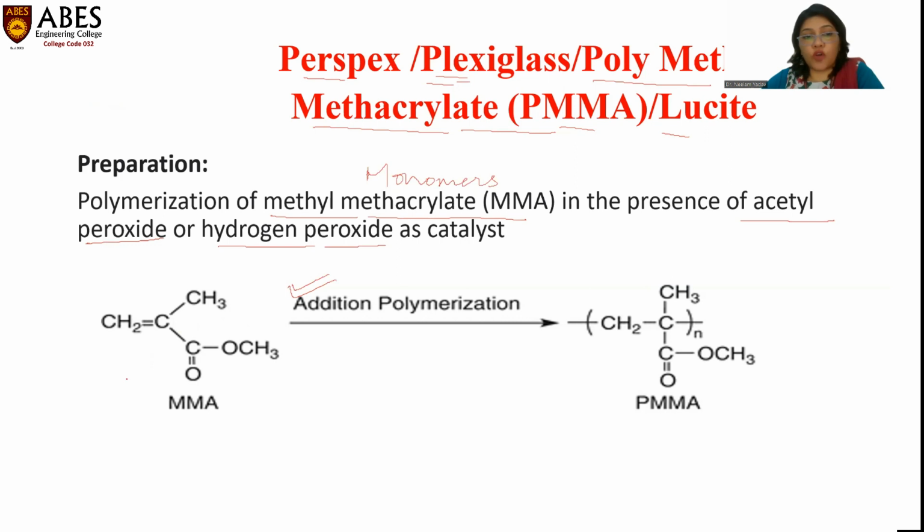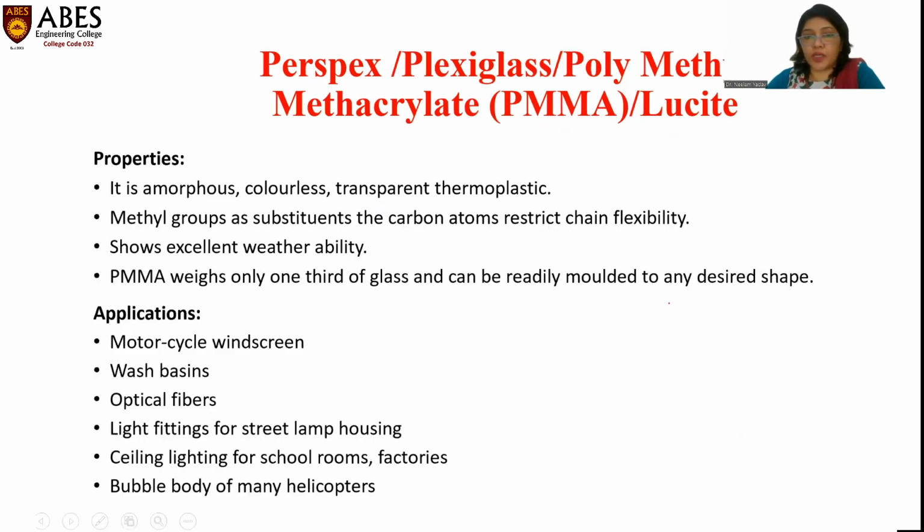So this is the structure of the monomer, methyl methacrylate, and by using the mechanism of addition polymerization in the presence of hydrogen peroxide or acetyl peroxide as catalyst, it makes the polymer called polymethyl methacrylate. The structure denotes n number of methyl methacrylate monomers which are repeatedly added to this polymer and result in polymethyl methacrylate.